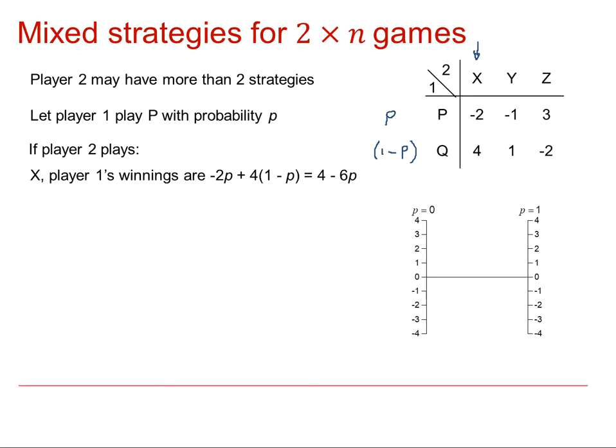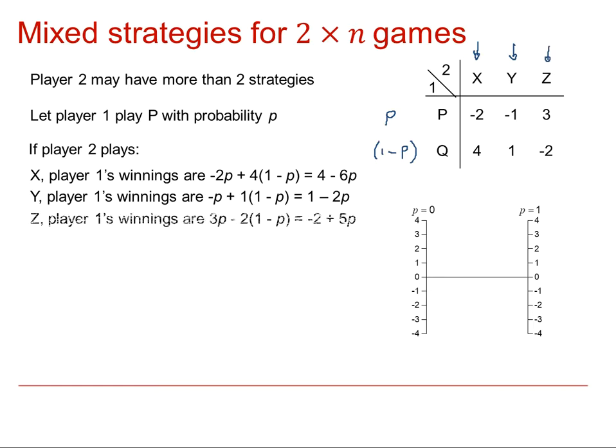And then moving on to Y, you see that's minus p and 1 minus p. And that gives us 1 minus 2p in total. And finally for Z, we get minus 2 plus 5p. That comes from 3p and minus 2 times 1 minus p.